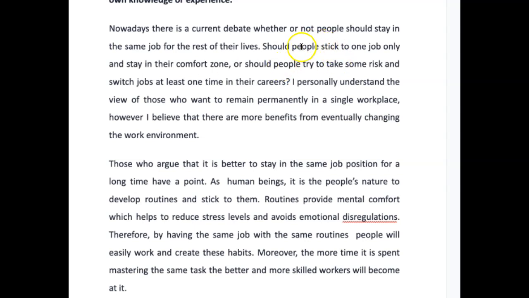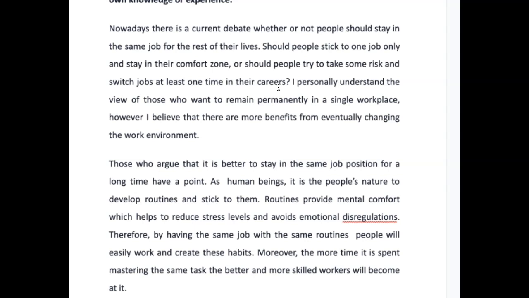Also, we've got people twice, 3 times. What could we say instead? There's a whole bank of alternatives: employees, candidates, career workers, career professionals. So just try and bear that in mind.